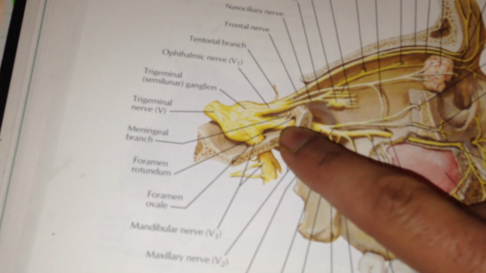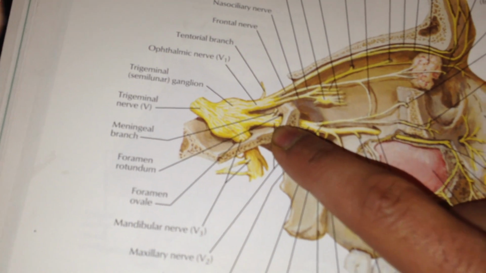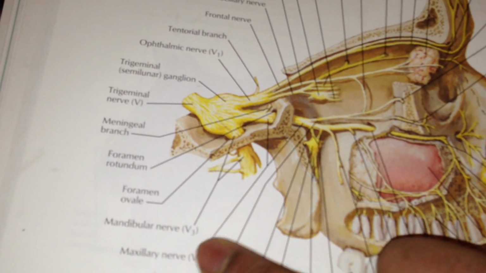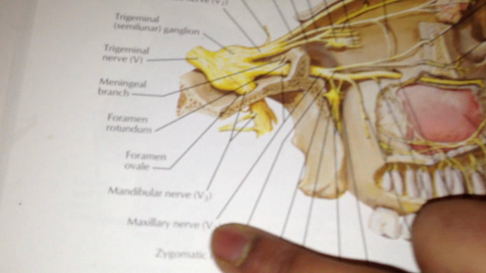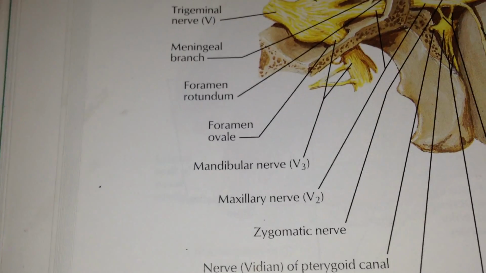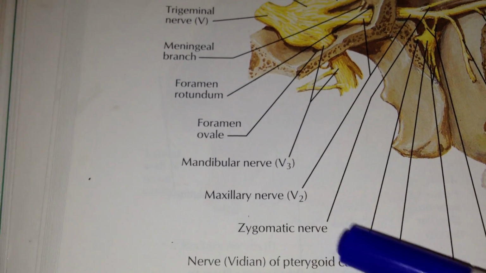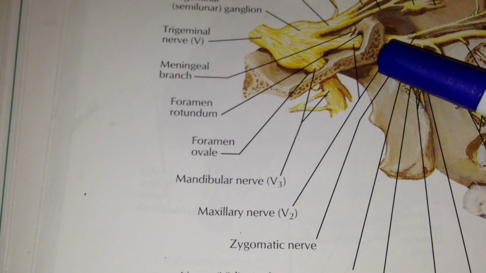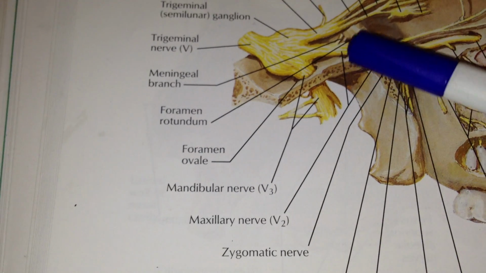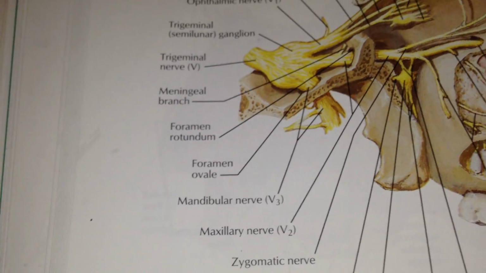You can see the maxillary entering right through it, okay. Right here, the maxillary nerve. So here, the maxillary nerve, and you can see that it's entering the foramen rotundum. Okay, so we'll come back and reference that.